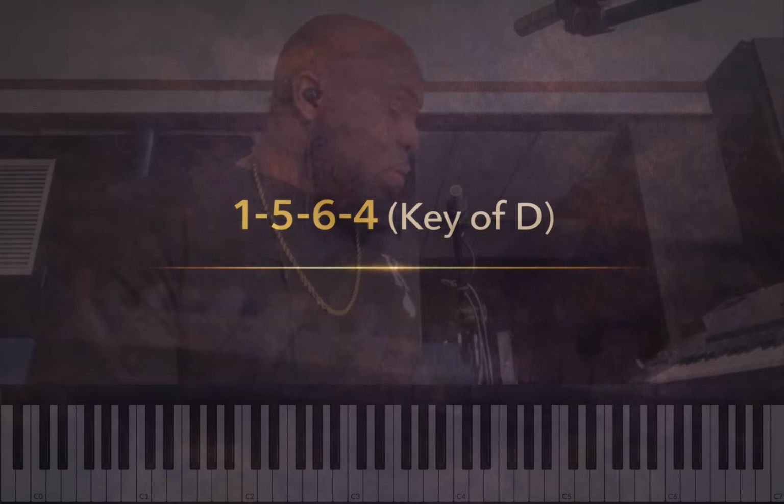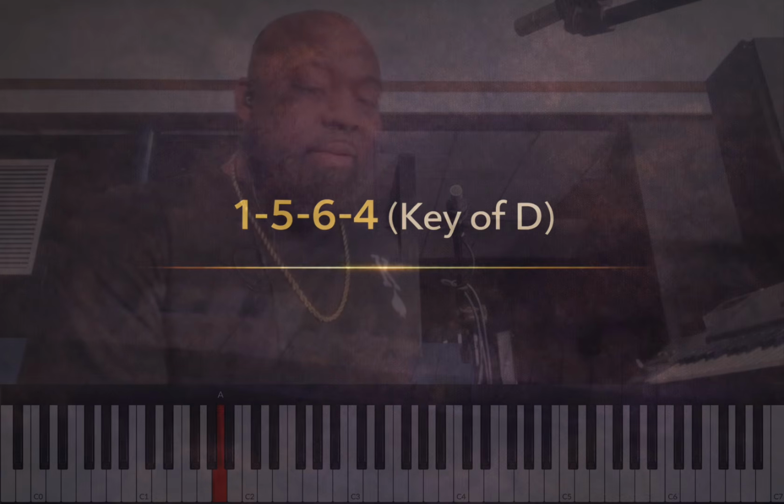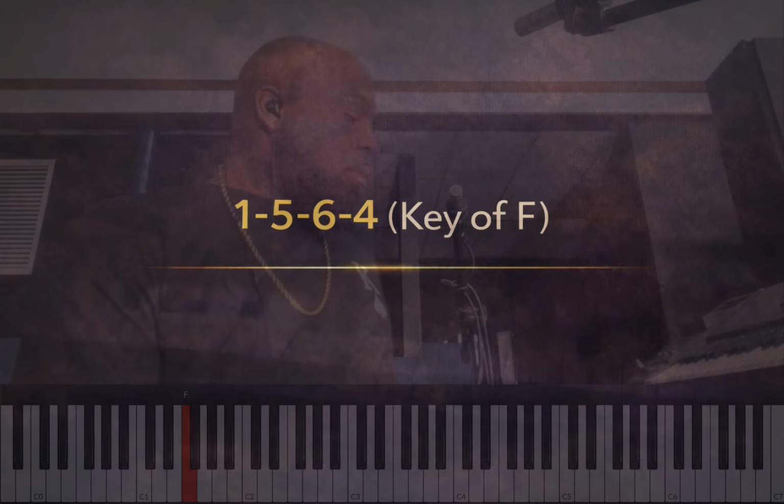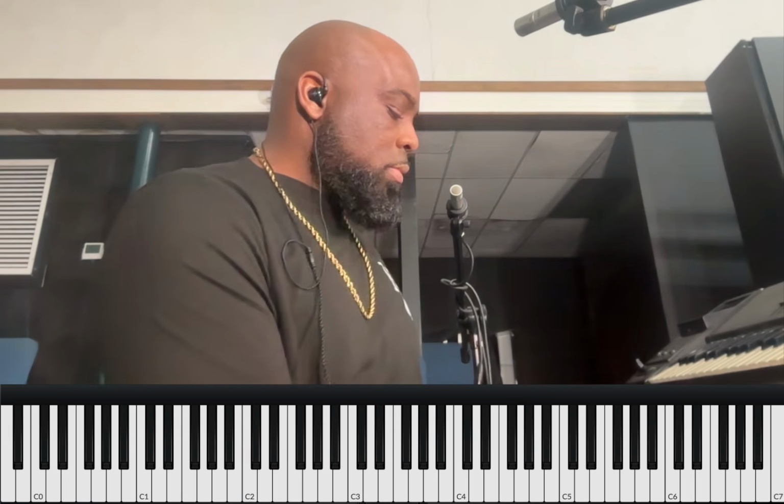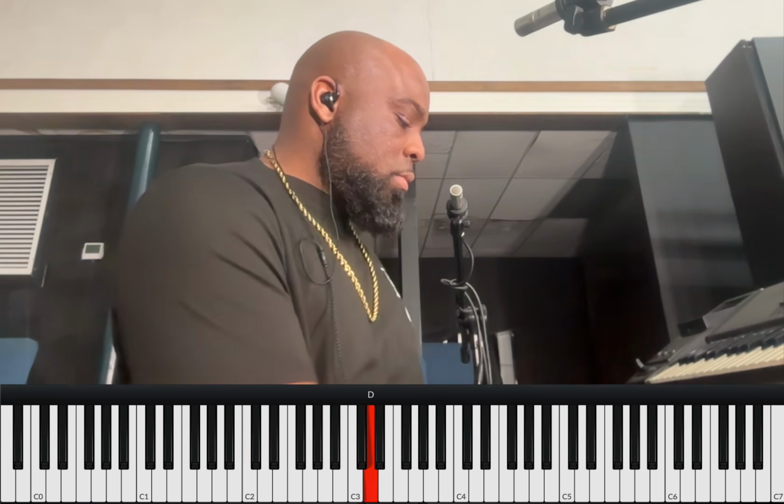And in the key of D, you do the same thing. 1, 5, 6, 4. Okay, let's skip to F. 1, 5, 6, 4, and so forth and so on.